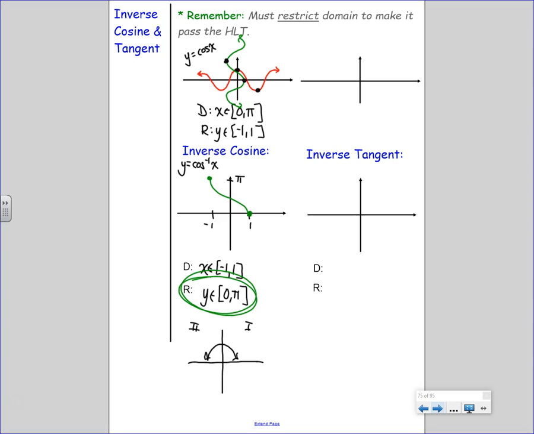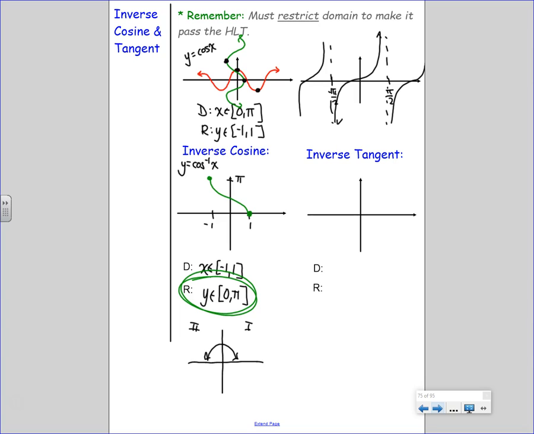Inverse tangent. It's negative pi over 2 and pi over 2, and it repeats. But even though tangent repeats, if you look at one cycle of tangent, doesn't one cycle pass the horizontal line test?